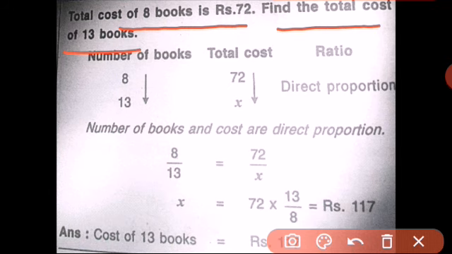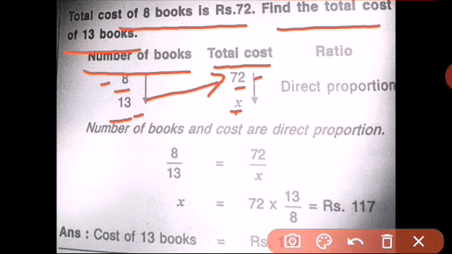Out of 4 terms we have 3: 8, 72, 13. Number of books is one list and total cost is another list. You write 8 books will cost 72 rupees, 13 books will cost. In direct proportion, you have to do cross multiplication.